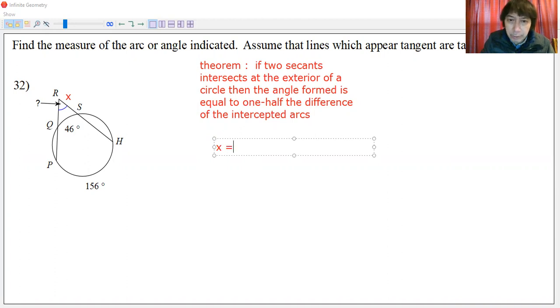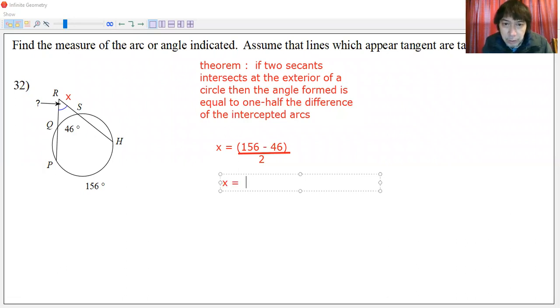X, the angle, is equal to 156 minus the 46, divided by 2. This will be our angle. So X is equal to, how much is this? This is 110. We divide this by 2.